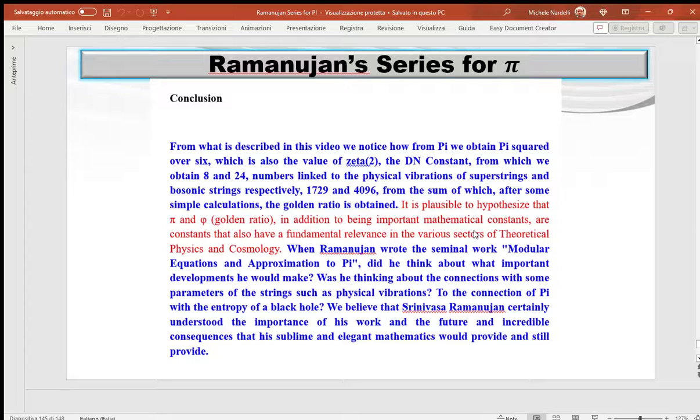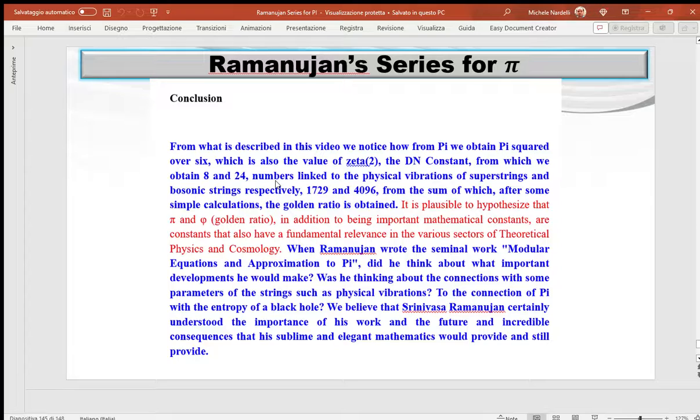It is plausible to hypothesize that pi and phi, pi and the golden ratio, in addition to being important mathematical constants, are constants that also have a fundamental relevance in the various sectors of theoretical physics and cosmology.